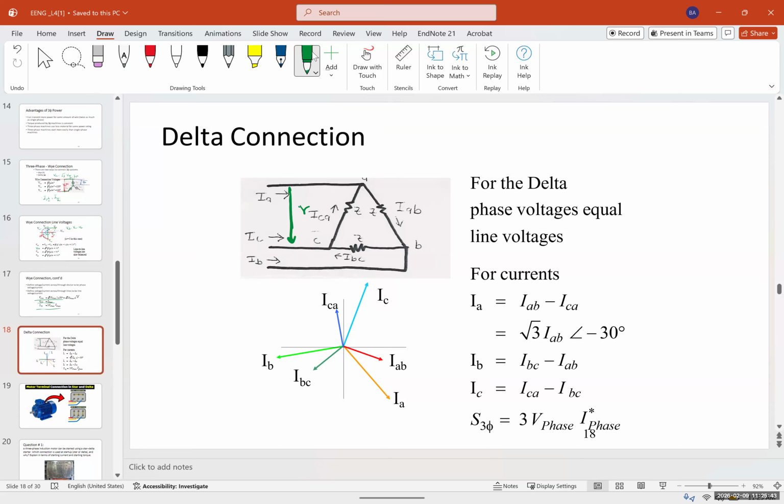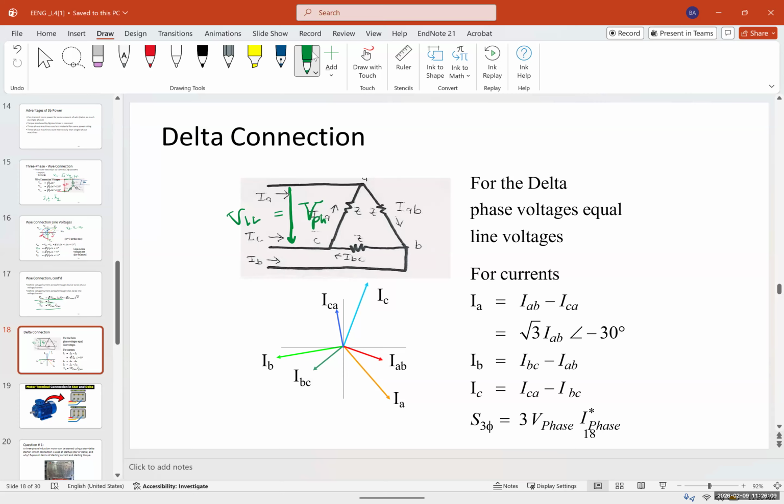Here, V phase is equal to V line, but I line is square root of 3. I'm sorry, I line is square root of 3 times I phase.